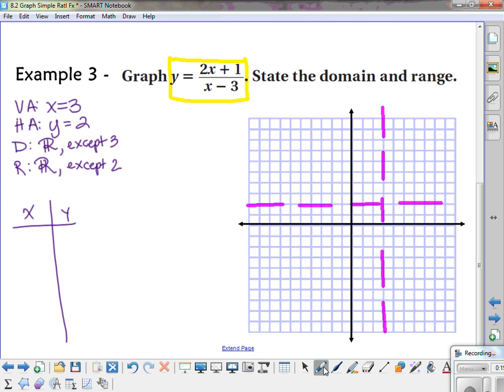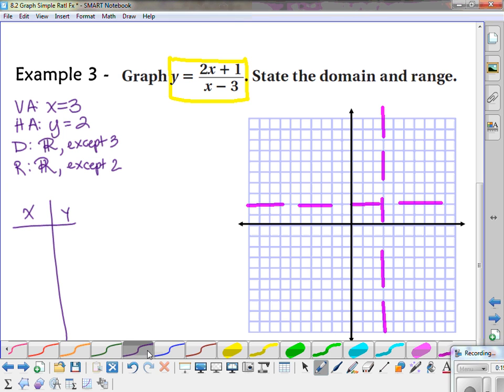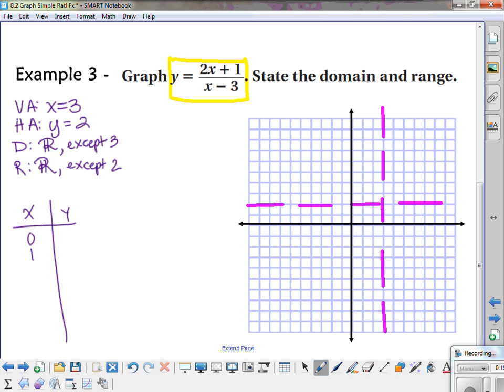So when you're choosing your data points for your table, I need to pick some that are on the left side of x equals 3 and some that are on the right side of x equals 3. So I'm going to choose 0, 1, and 2 on the left side of that, and then 4, 5, and 6 on the right side.